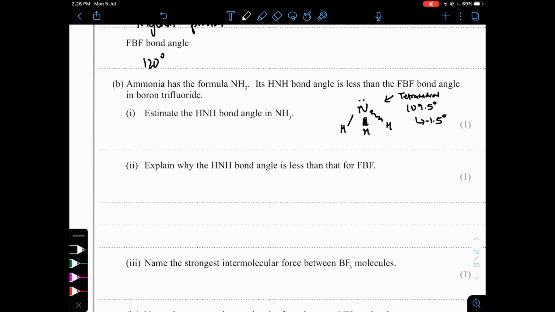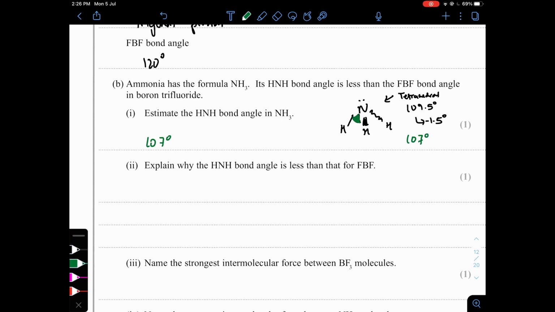So our NHH angle, I'll put it in green, let's say, this angle here is 107 degrees. So explain why the NHH angle is less than that for FBF.